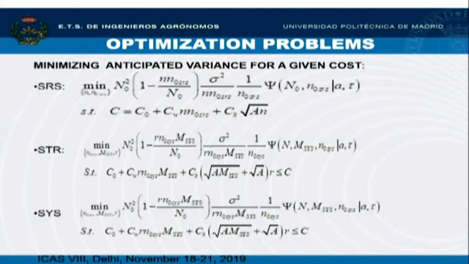Then we can formulate the optimization problem. As you can see, for instance, for random sample, the problem is to find the optimal value of the sampling variables. The size of the segment is N0, the size of the sample, the number of segments to be included in the sample, and in addition the size of the population, the variance, and the correlation between couples of population units within a segment.